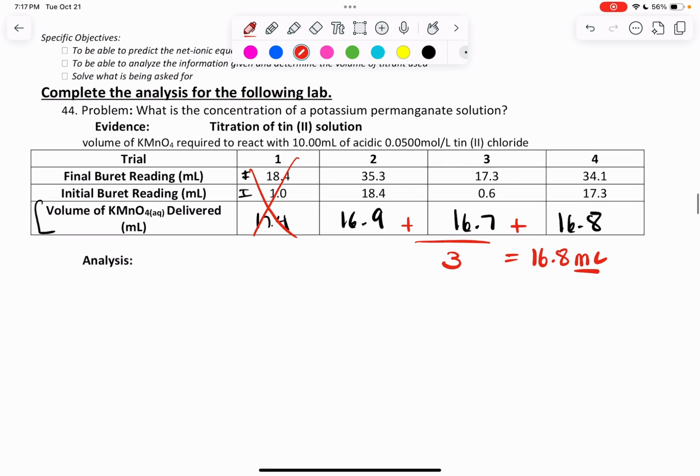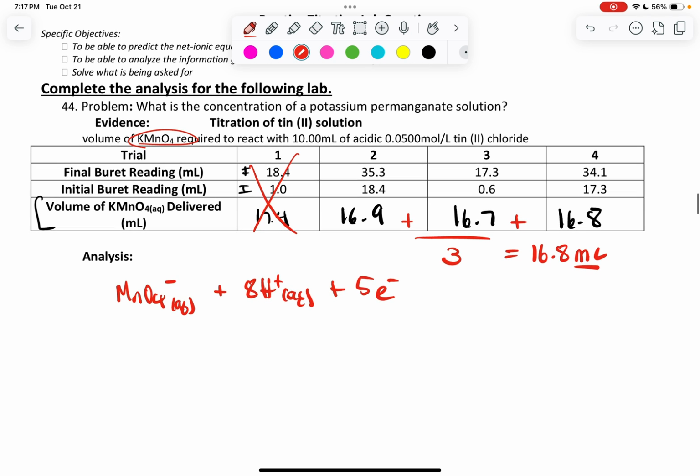I know that this is permanganate again. So it is MnO4⁻ aqueous plus 8H⁺ aqueous plus 5 electrons to produce Mn²⁺ aqueous plus 4 H2O liquids.